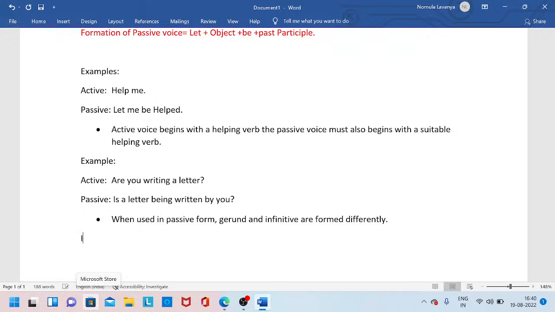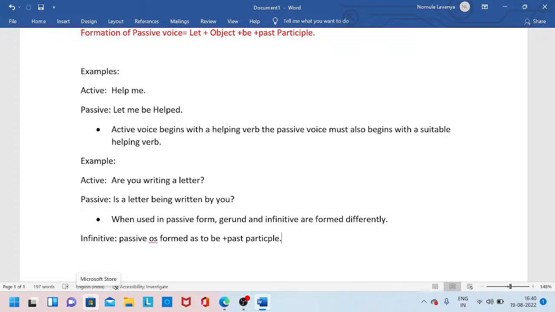Like infinitive, passive is formed as to be plus participle. This you have to remember.